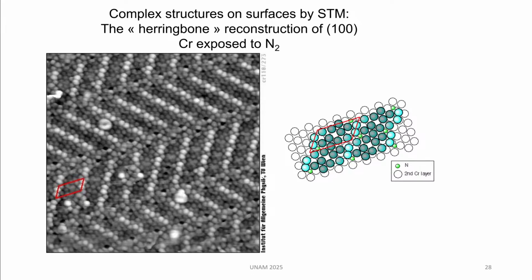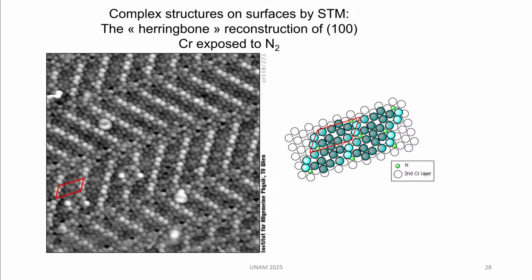Yes, first, I had another example here, just to show you that some really complicated structures can really arise. This is chromium after exposure to gas phase dinitrogen. And what you see here is a real STM picture with, as you can see, a lot of structuring going on.